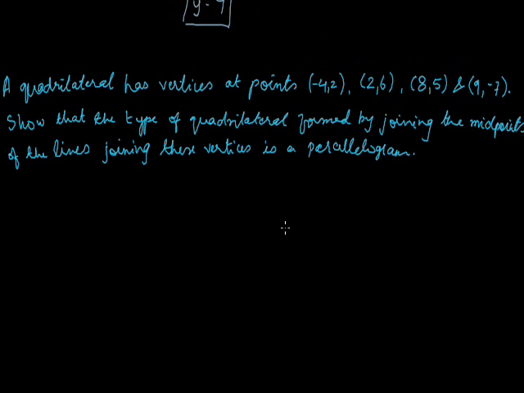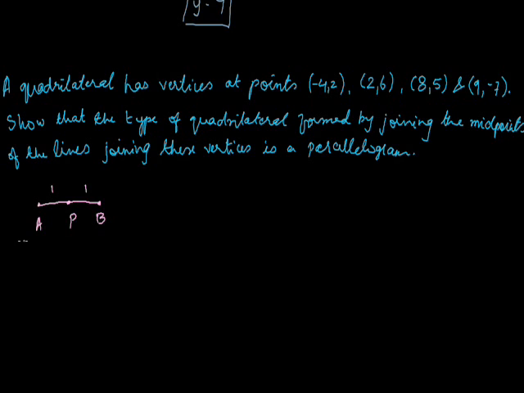Now, we had already seen the section formula in our coordinate geometry, wherein if 2 points are given, and the third point divides these points, the third point which is a midpoint, and hence it divides the line segment joining these points. Let me name it as A and B, and the third point as P. Then P divides A and B in the ratio 1:1.